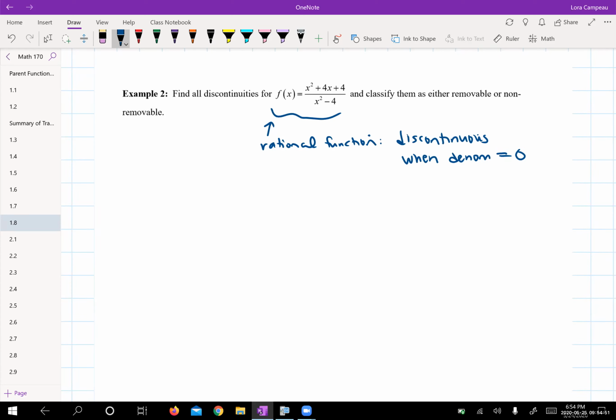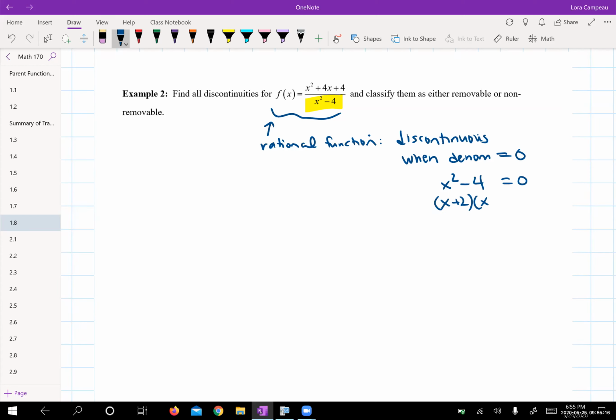And so if we look at the denominator, this x squared minus 4, sometimes when it's more complicated than just a single value of x, we can set ourselves up a mini equation. x squared minus 4 equals 0. And you could solve it. It looks like a quadratic equation. You can solve it using difference of squares or the square root property, but I'll show you just by factoring.